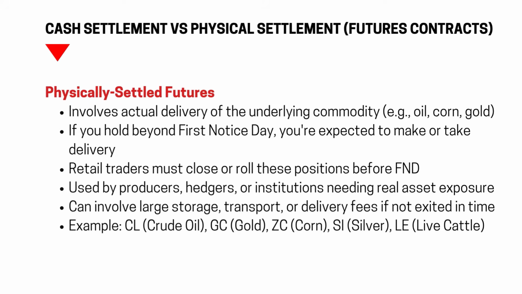Physical is more used by producers, hedgers, and institutions needing real asset exposure. We're going to look into why they do that in a little bit. It can involve large storage, transport or delivery fees if not exiting in time. Some examples: crude oil, gold, corn, silver, live cattle, with their tickers beside them.